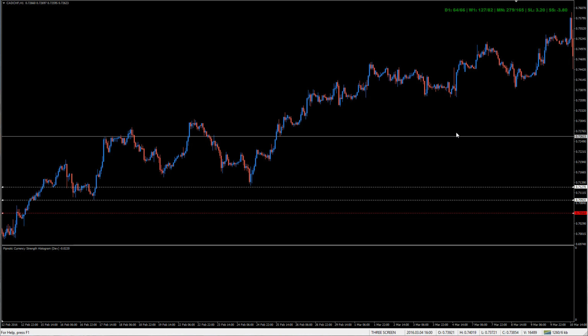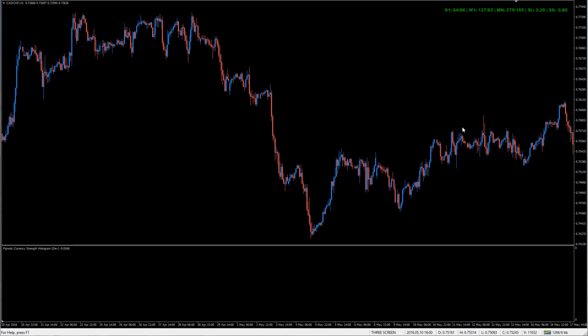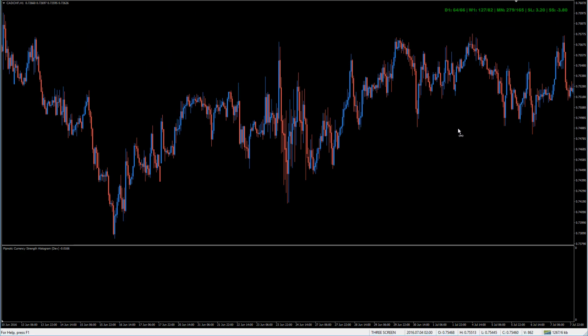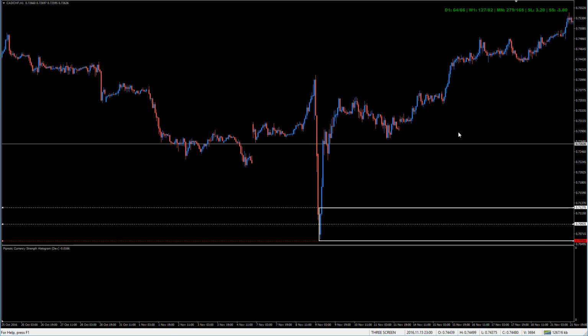Obviously the banks are going to try and push price down into that area, hit those stops, and then again consume the liquidity that they need to fill their orders to push price higher, which is what we can see over here. And this is a really good example of that.